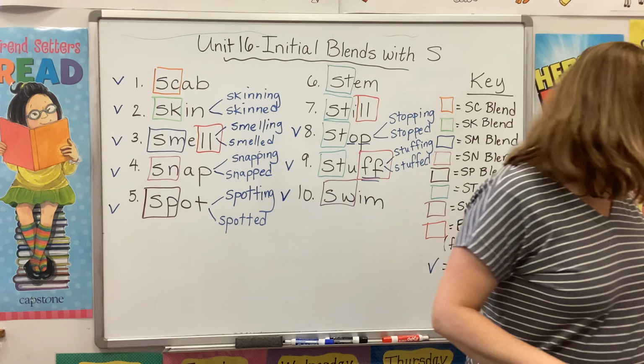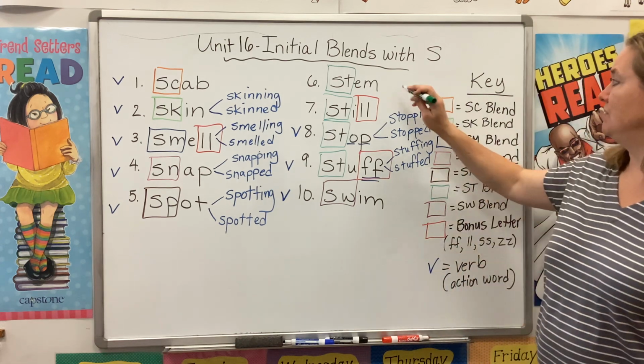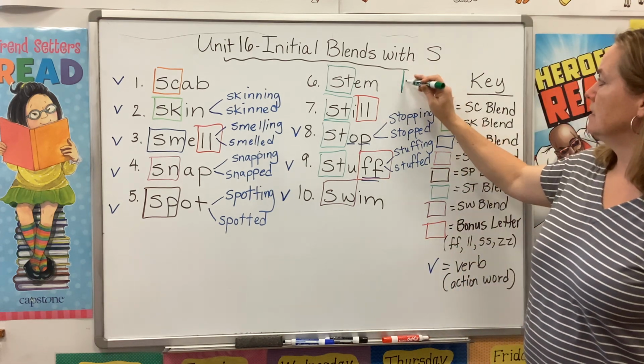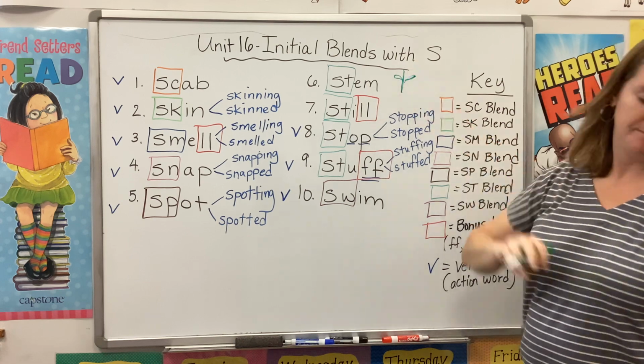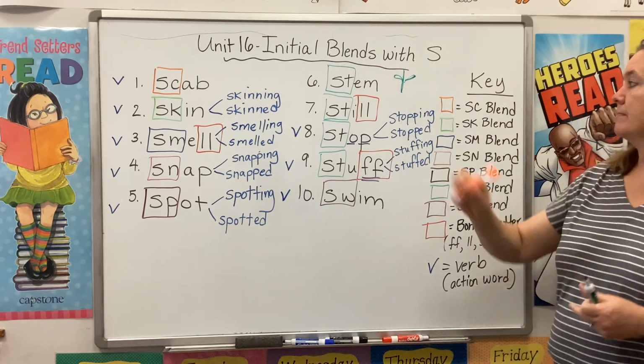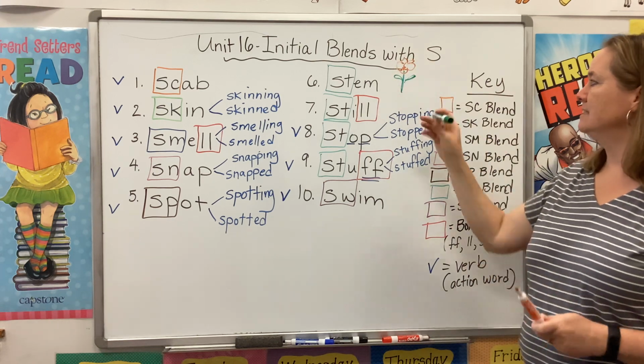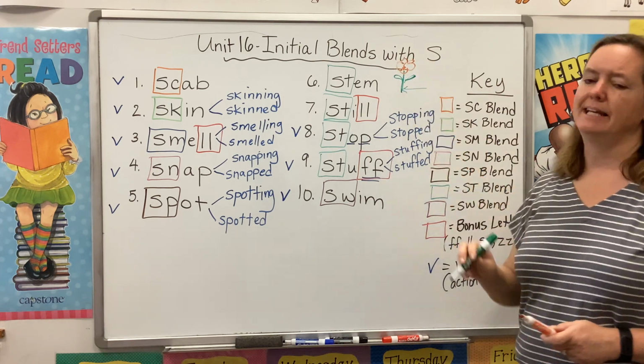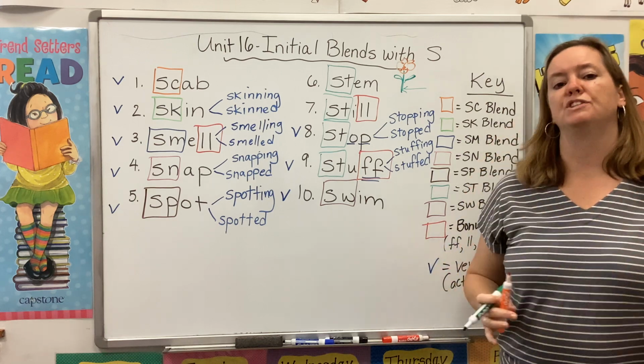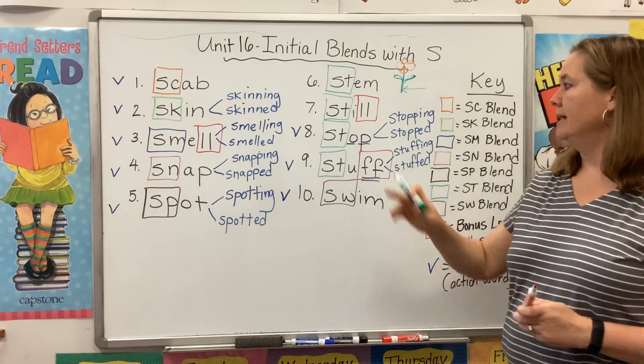Stem, if we have a flower, it's got some leaves, it's got some pretty petals on it. This right here is the stem. That's what holds the plant up, okay?